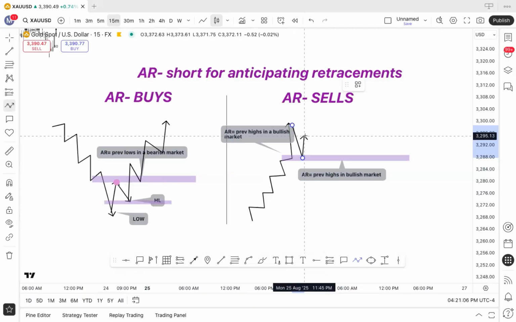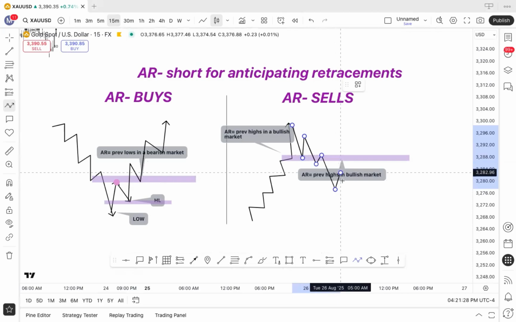Two things need to happen for sells and two things need to happen for buys. For sells, lower highs and lower lows. What does that mean? Highs need to be respected, lows need to be broken. So if we come here, we retrace and we're holding, guys, that is bearish market structure trying to be created. And we could easily continue creating bearish structure like this.